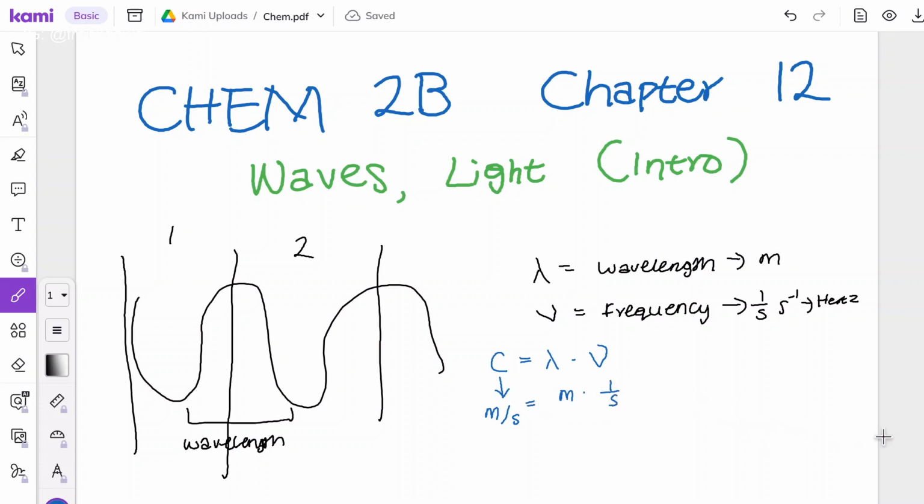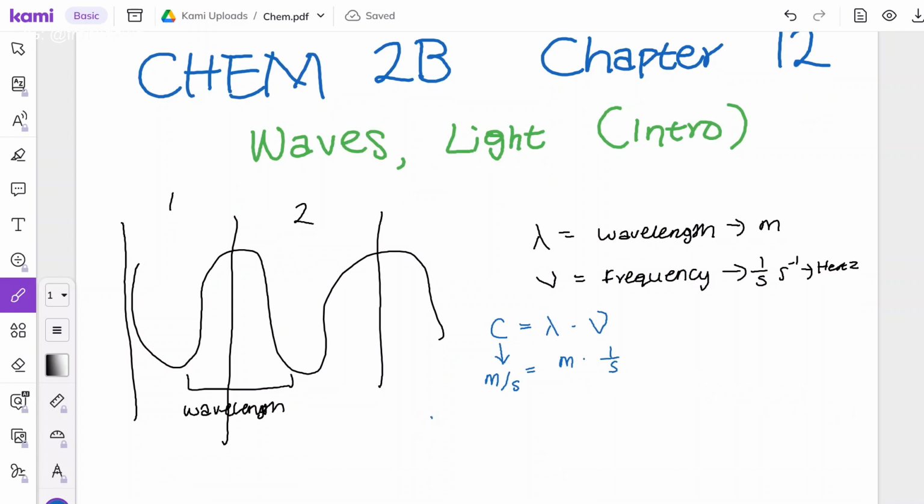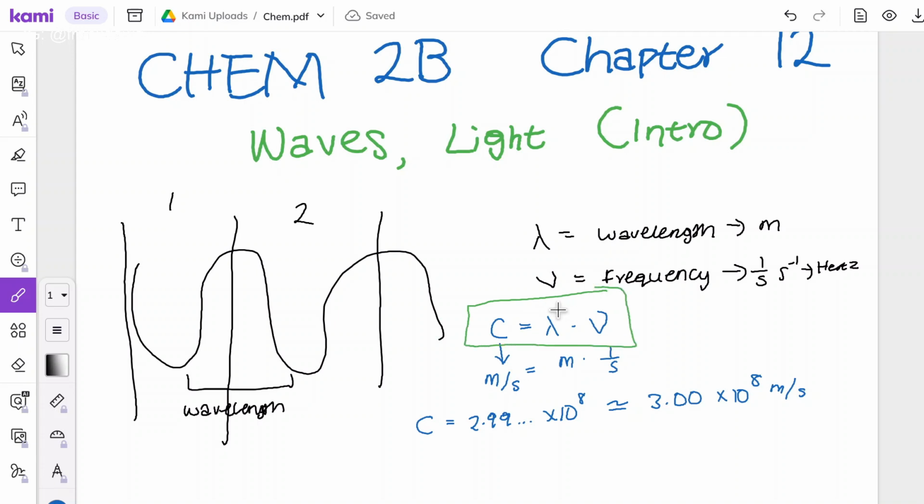And c, which stands for the speed of light, is approximately 2.99 times 10 to the 8, but you can round it off and use 3.0 times 10 to the 8 meters per second. The c is constant, it's always going to be this.